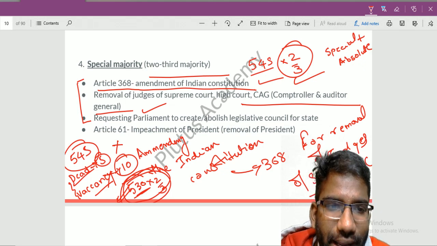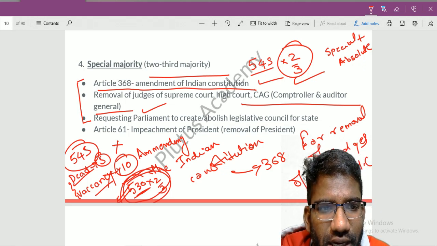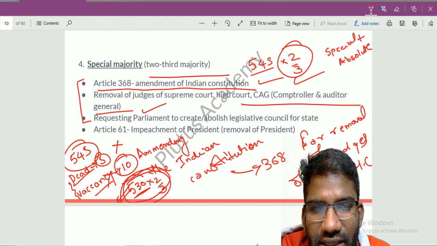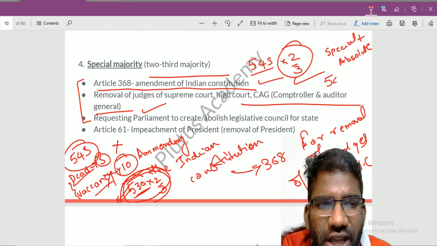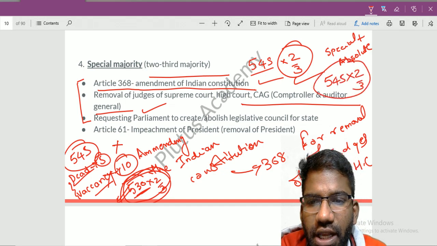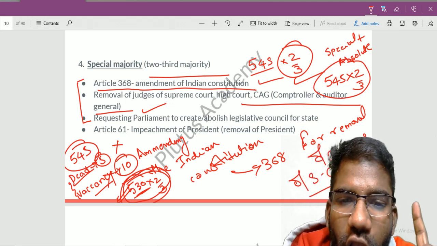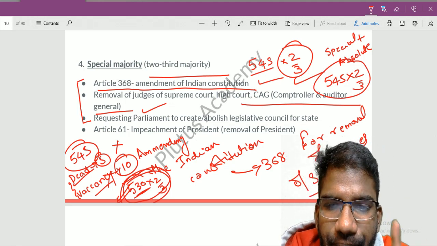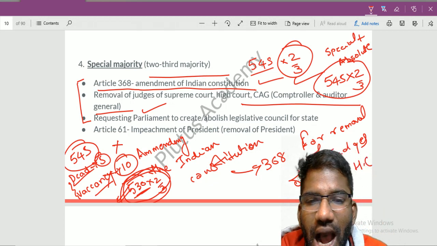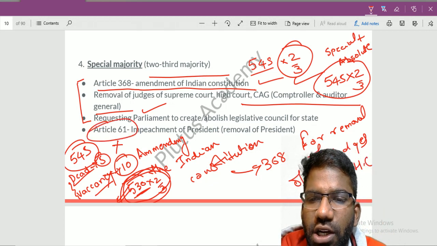That is 2/3 of the total strength of the house, that is 2/3 of 545. This kind of majority is used to impeach the Honorable President of India, under Article 61 of the Indian Constitution.